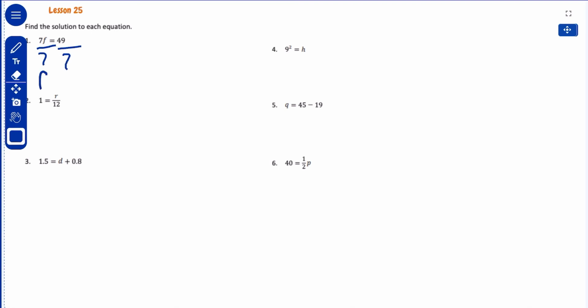And that's going to leave us with F equals 7. The answer is 7. We said F was 7.